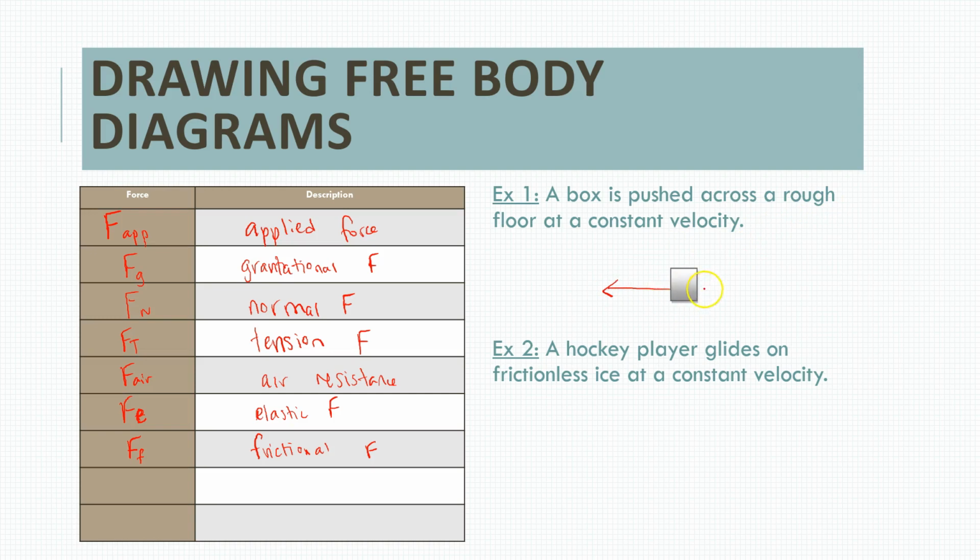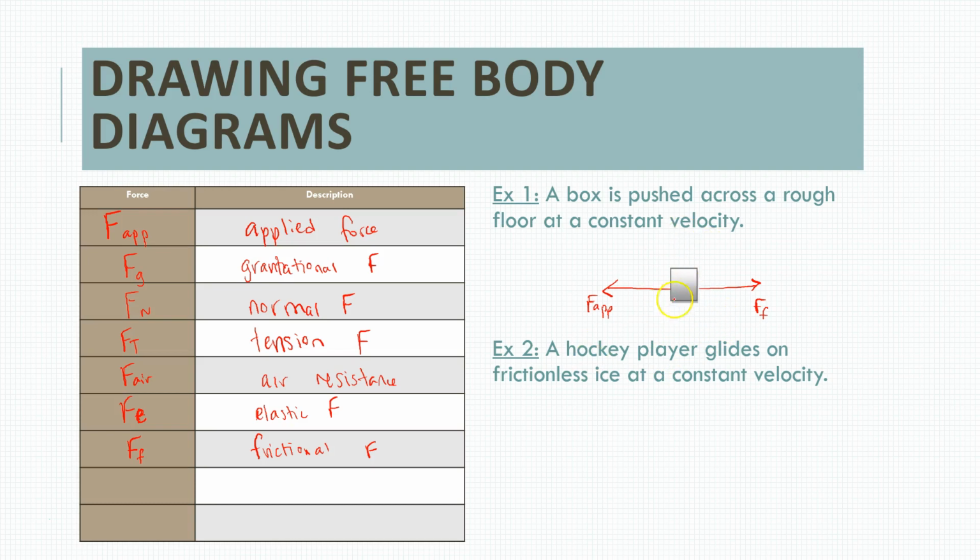And if the floor is rough, what that's going to do is generate a force going the opposite direction. Well, if we're pushing it to the left, we're going to label that as F-app because that is our applied force. And over here, we're going to have Ff, which is our frictional force. Now, if you are not able to push it with an F-app that's big enough to overcome this, your box is going to go nowhere.